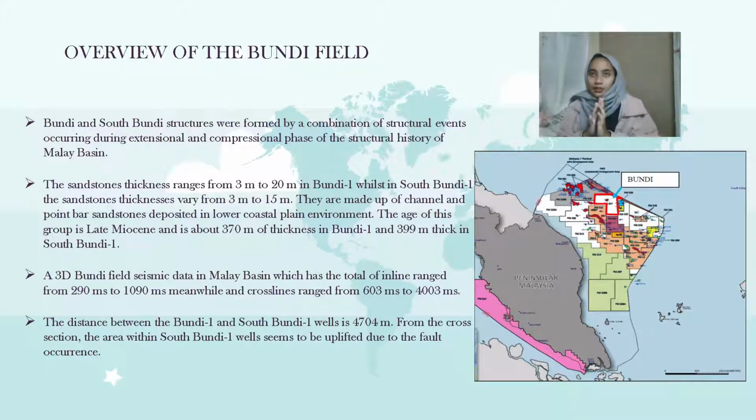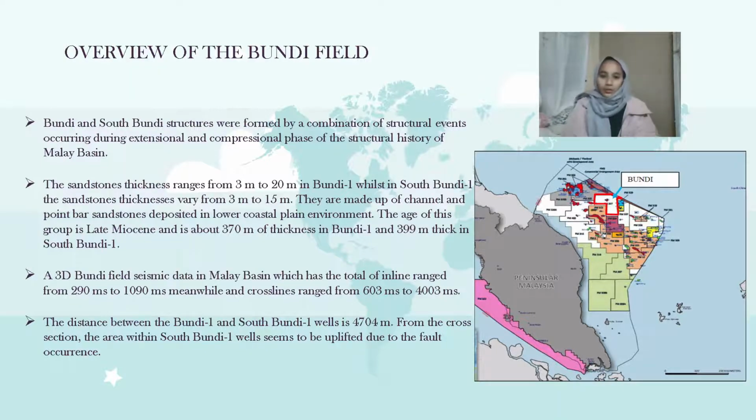All these three events made changes to the earth structures, creating the Malay Basin. Bundy and South Bundy have a sandstone thickness ranging from 3 meters to 20 meters for Bundy well, while 3 meters to 15 meters only for South Bundy.